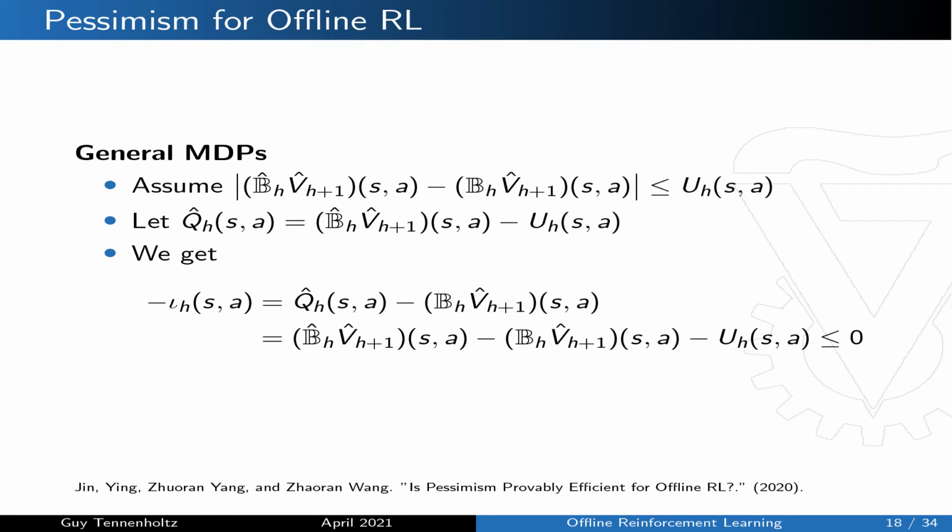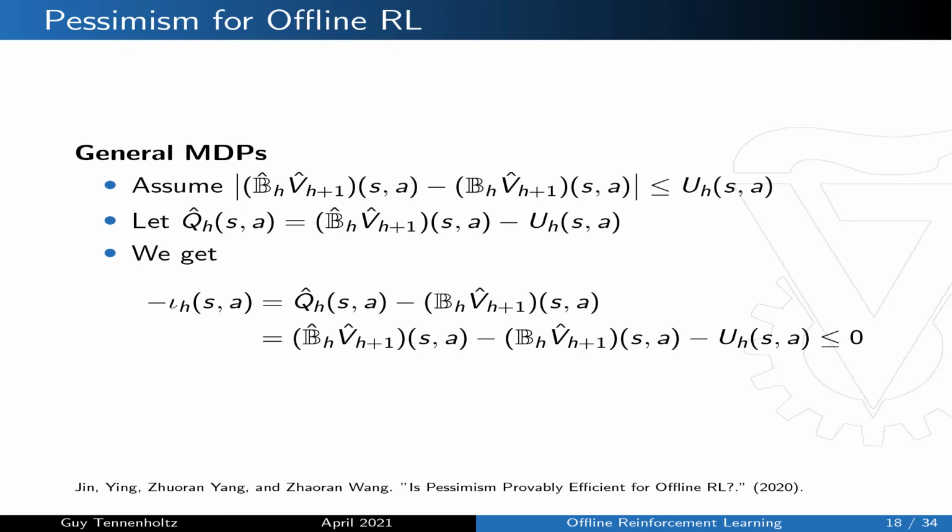And if we do this, then one thing that we can notice is that minus iota, which was the spurious correlation term, is equal to Q hat minus the Bellman operator over the value. We could write our Q hat as the Bellman operator over the value minus U, and we know that the first difference here is less than or equal to U, and therefore this whole term is less than or equal to 0.